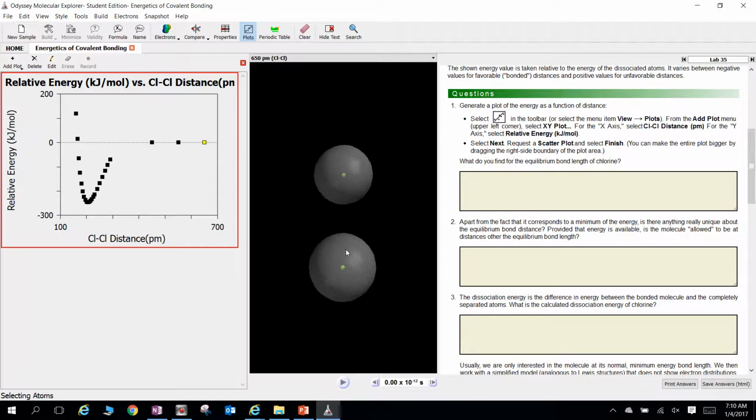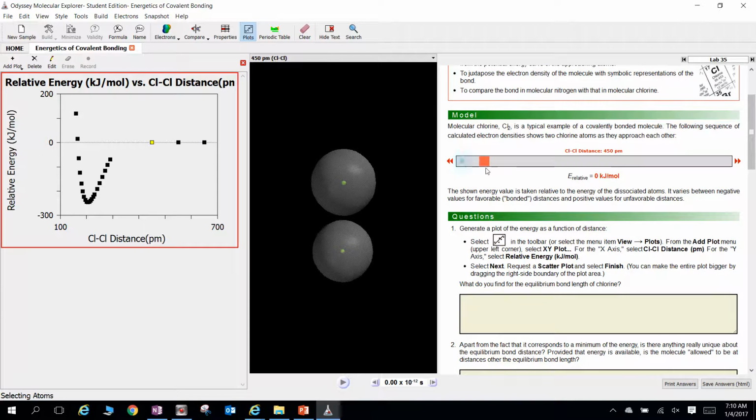So I'm going to go ahead and start dragging these. Oh, I guess that's just rotating them. Got to use the slider bar here. Dragging these atoms closer together, and I'm following the yellow dot on the screen. Now I'll be able to find the perfect distance here when I get to the bottom. Oh, it says right here.